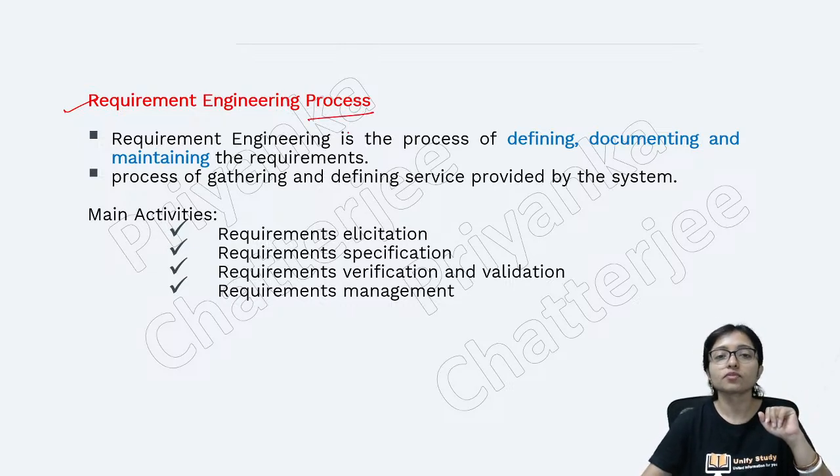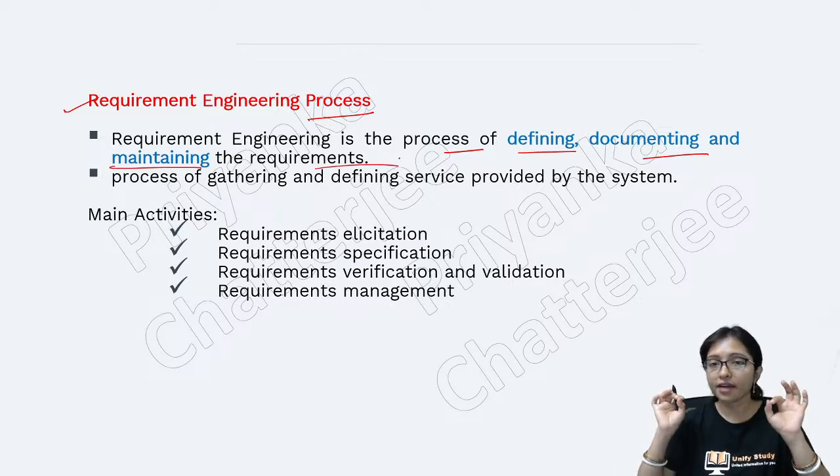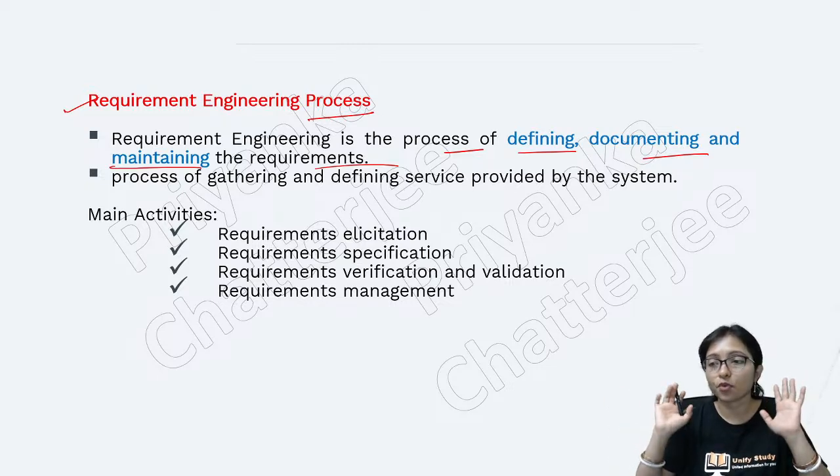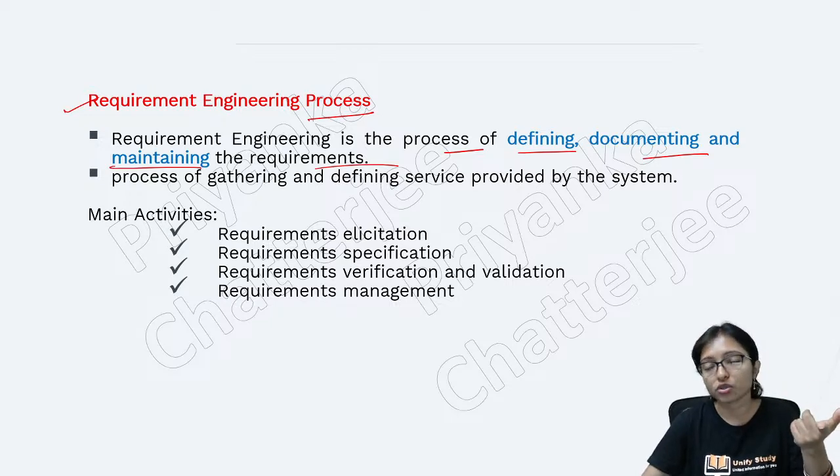It is the process of defining, documenting and maintaining the requirements. First we have to define, then document them properly, and we have to maintain them also. These are the three important parts.